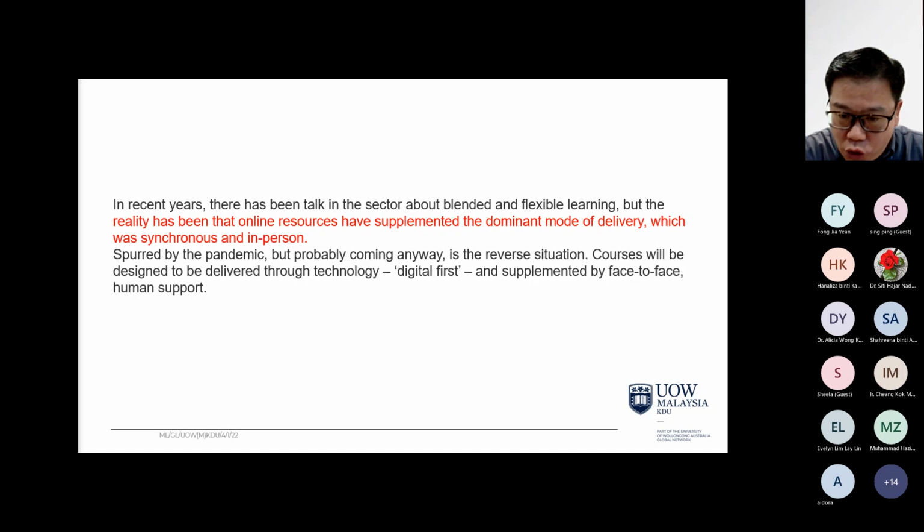Whereas in Australia, the majority of local students had to work. They do part-time work and so on. So the flexibility of the online learning environment was beneficial to them. They can make money, they can survive, and yet study. Previously, when it was full-time, they had to sacrifice one over the other.